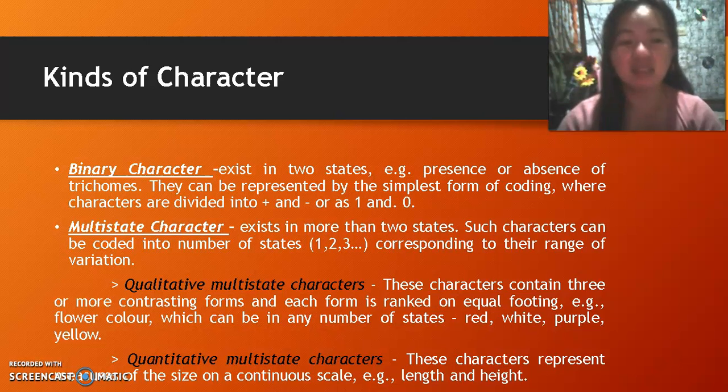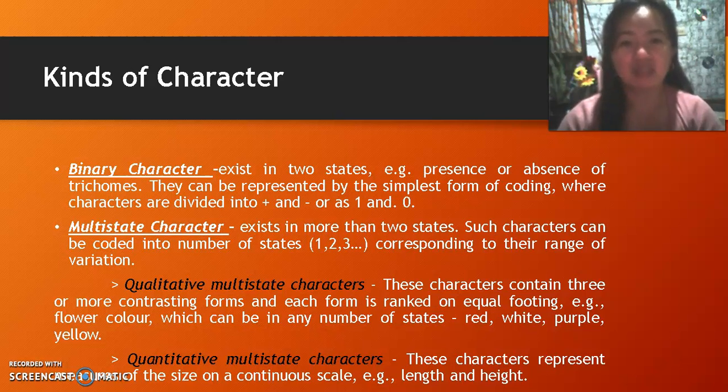Second is the multi-state character. It exists in more than two states. Such characters can be coded into a number of states, like 1, 2, 3, and so on, corresponding to the range of variation.